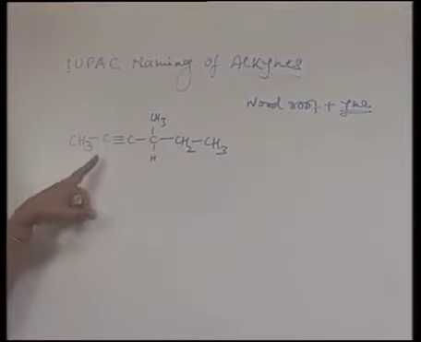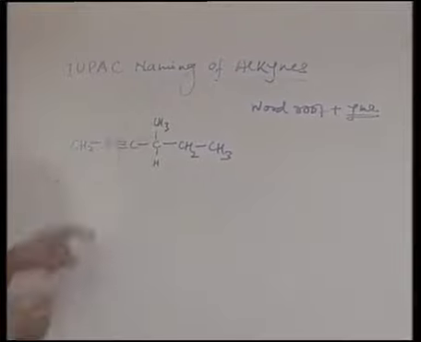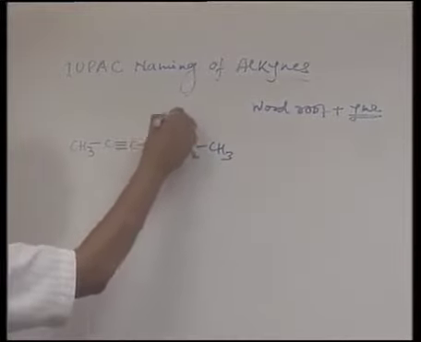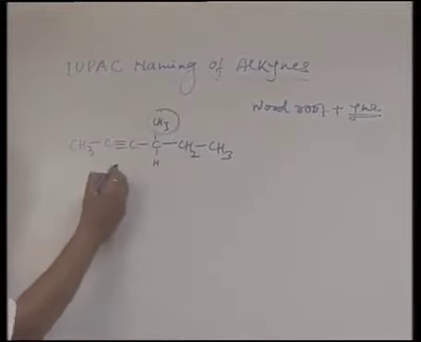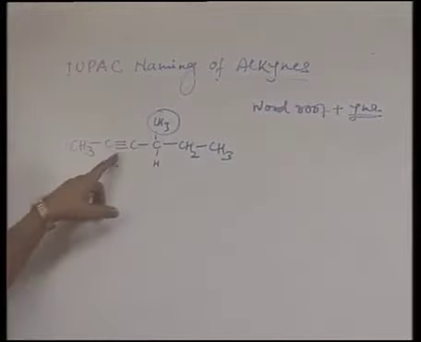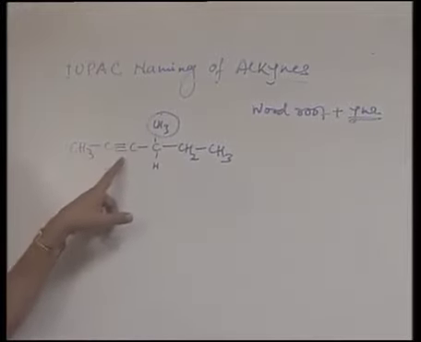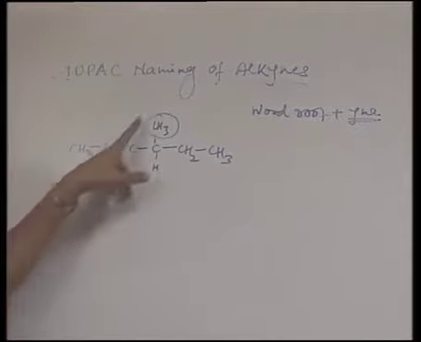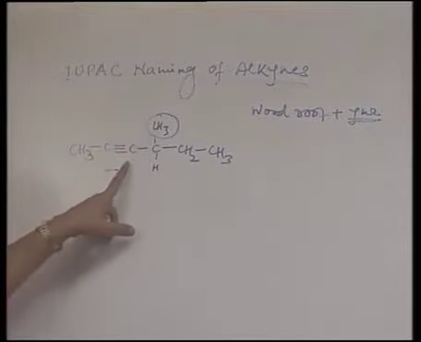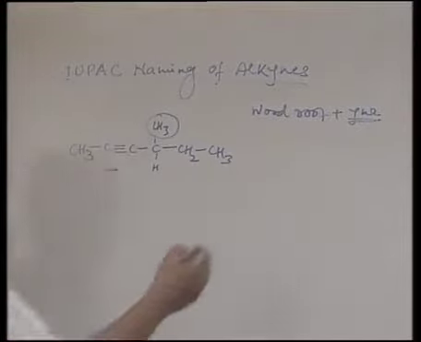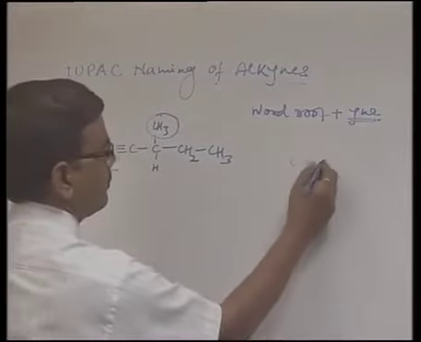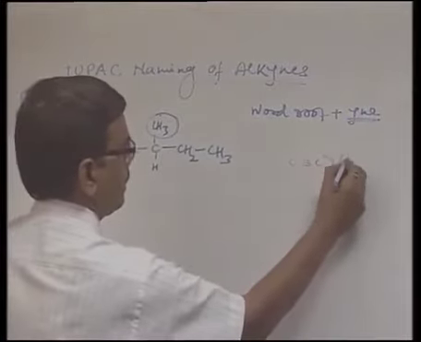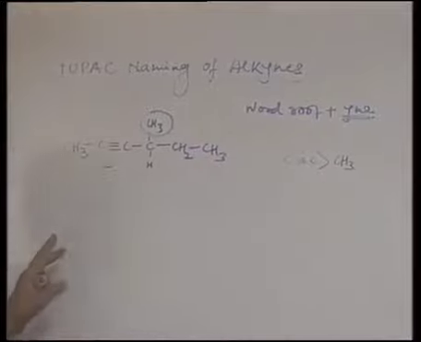In this compound there are 2 groups, one is methyl, that is known as an alkyl group, and another is an alkyne group. Between these 2 groups we have to find out the priority, which group has the highest priority. In this case the alkyne group has higher priority as compared to the methyl group.